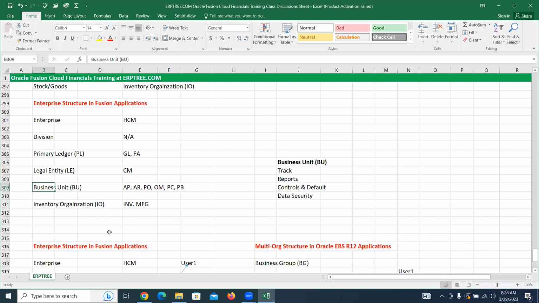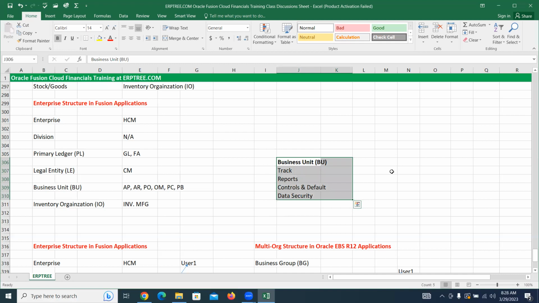Sometimes location may be 1. In one location, if you are doing 2 businesses, how many business units? We can go with 1 or 2. Not one. 2 you have to say. 1 is not the right practice. You are doing 2 businesses. If you create 1 business unit, you cannot have better tracking and controlling and defaulting the data, security, etc. So to leverage these benefits of business unit, always we have to go with separate business unit concept, even if in one location you are doing 2 businesses.